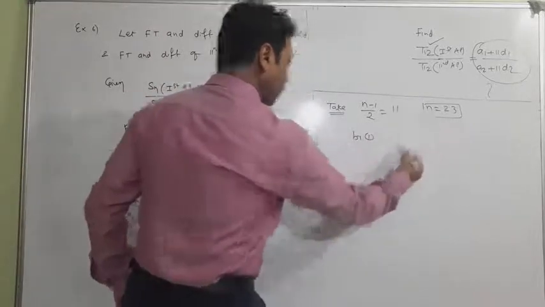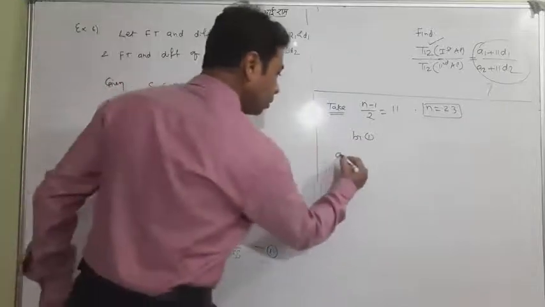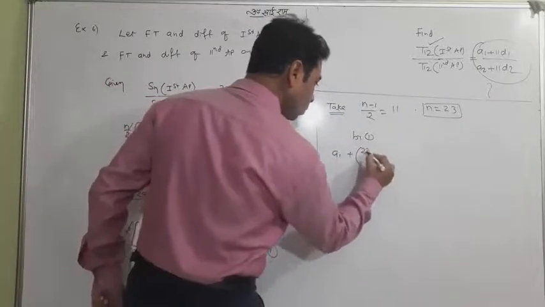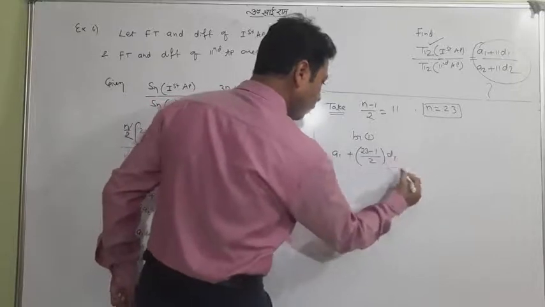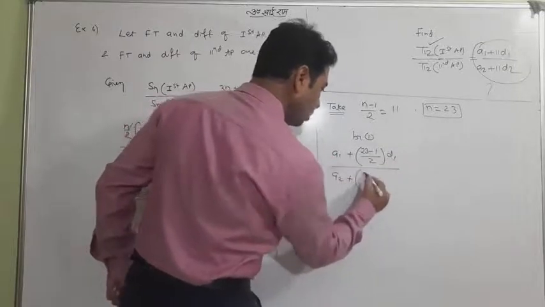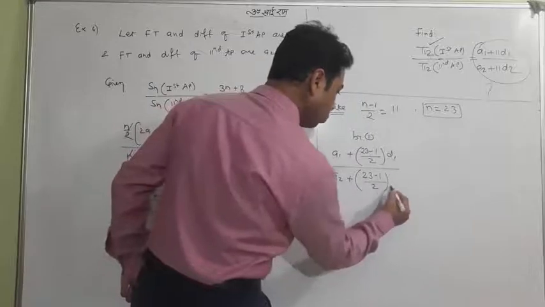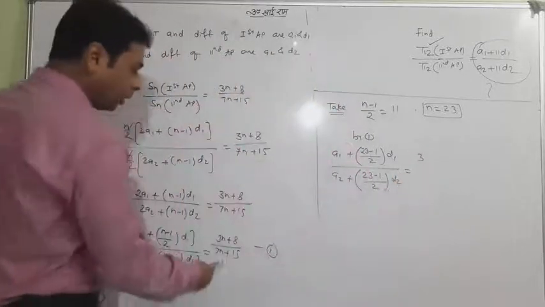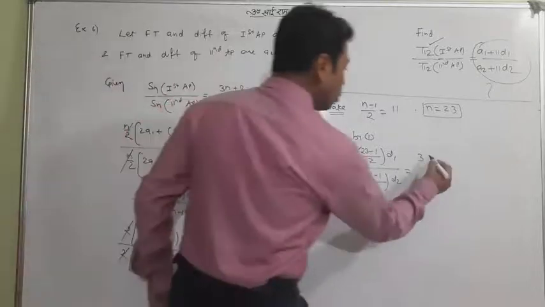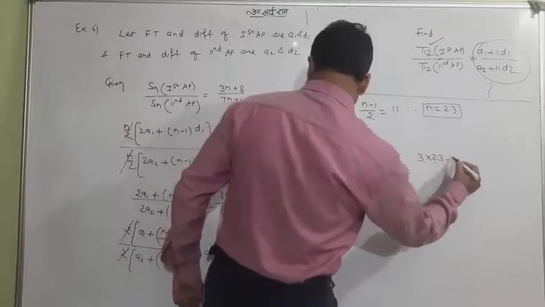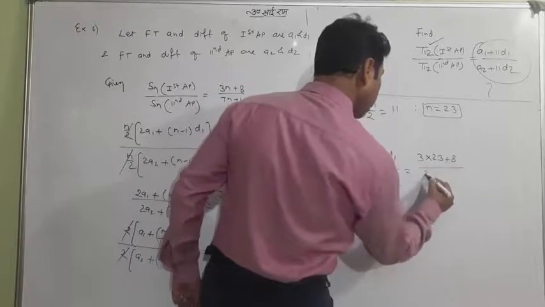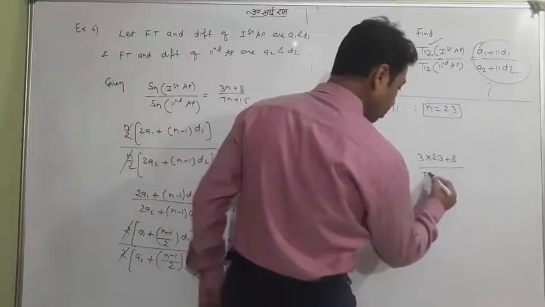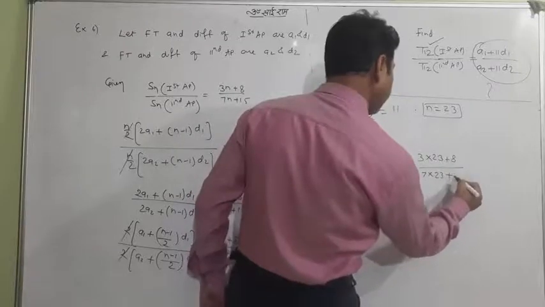Put n equal to 23: a1 plus (23 minus 1) upon 2 d1 upon a2 plus (23 minus 1) upon 2 d2 is equal to, look at the important thing, also put n equal to 23 in 3 into 23 plus 8 upon 7 into 23 plus 15.